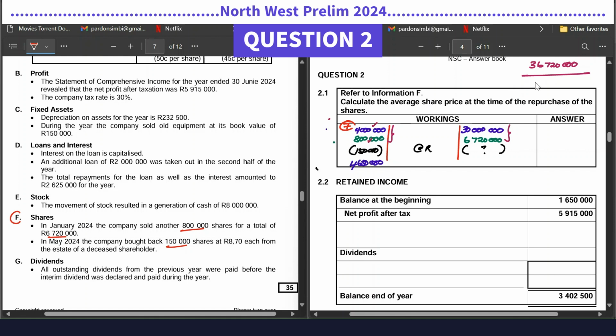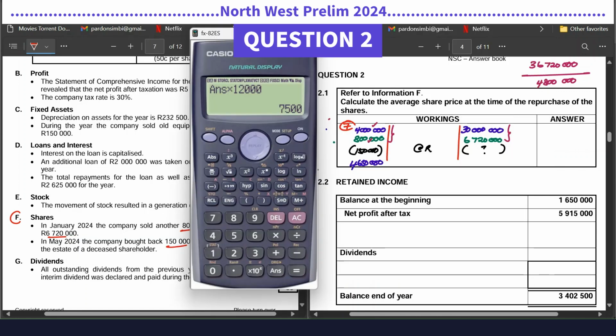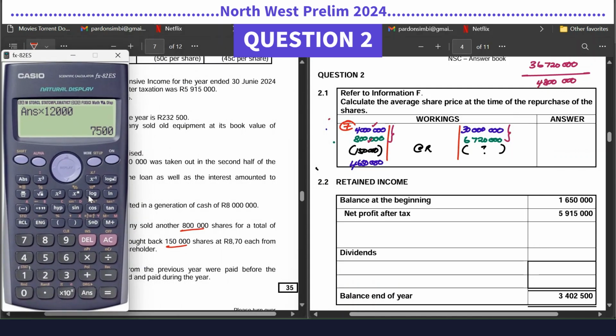So I then come here to my adding machine. I'll say 36,720,000, then I divide that by my 4.8 million, and that would give me 7 Rand 65.